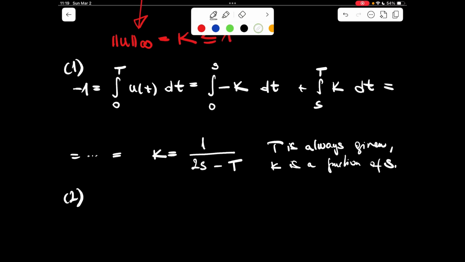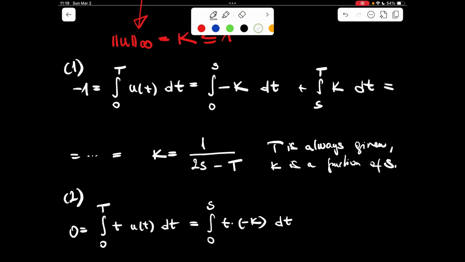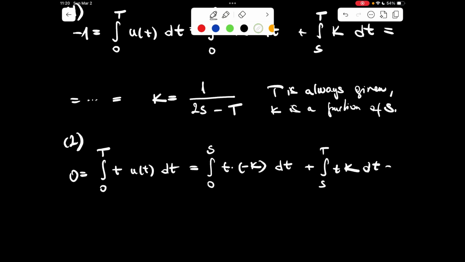All right. This is requirement 1. Requirement 2. 0 is equal to the integral t times ut dt, and we integrate the functions for the two sections separately. This is not too complicated. So if we calculate this integral, we receive s equal to this number.